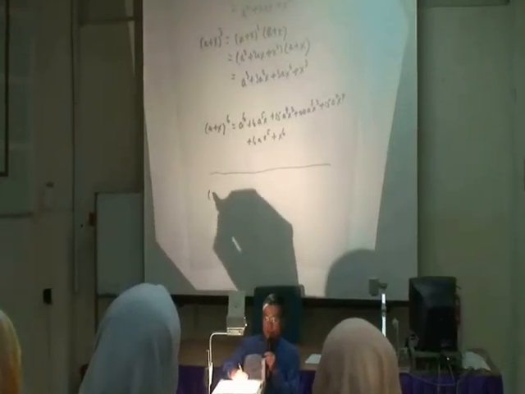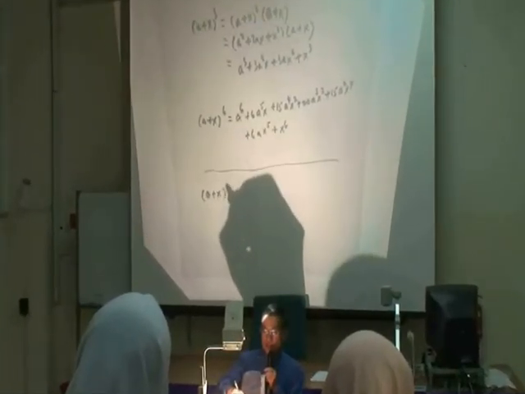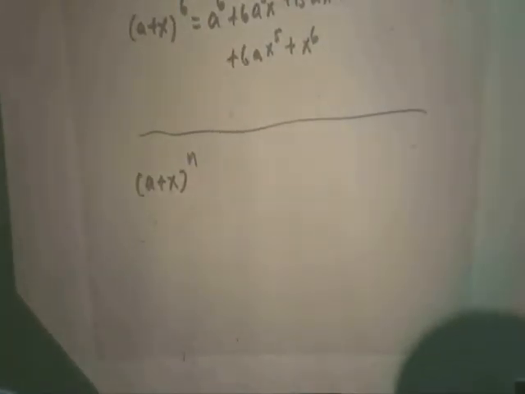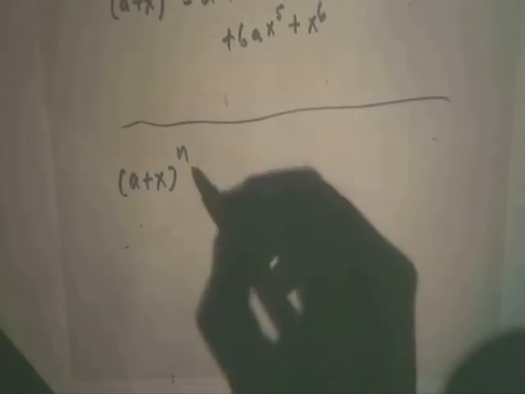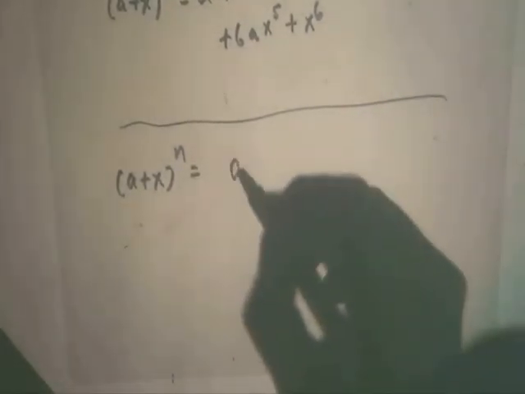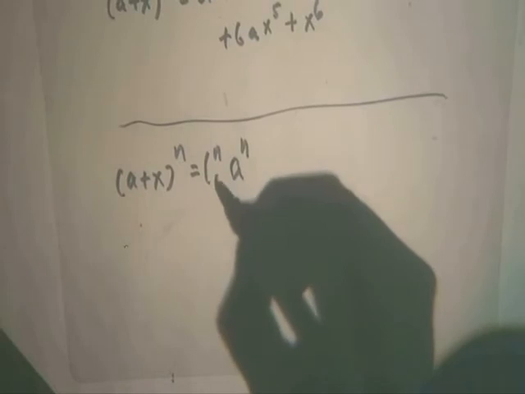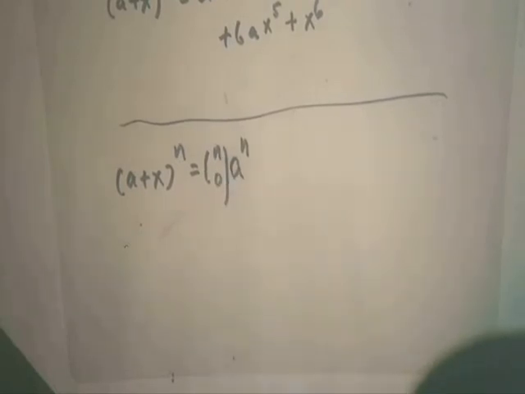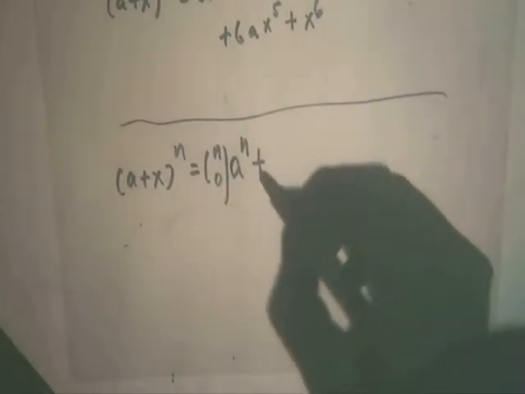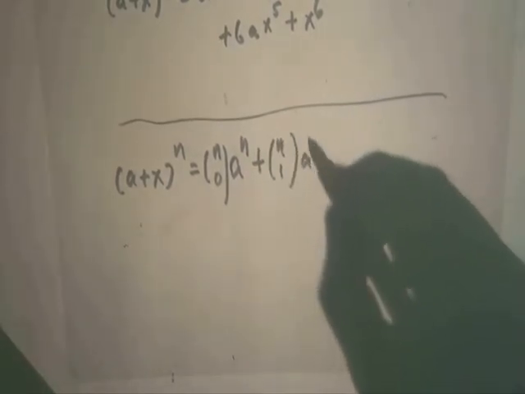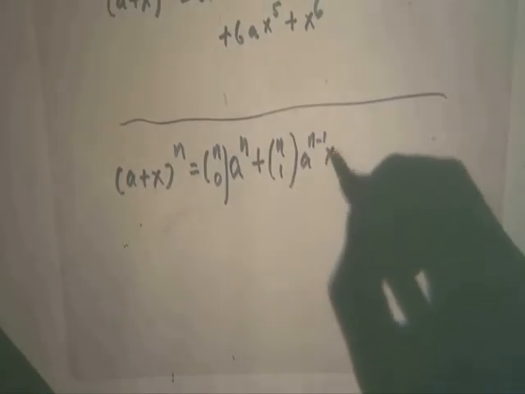Hence, in general, you have the expansion of a plus x to the power of n, where n is a positive integer. The first term is a to the power of n, and the coefficient is nC0, followed by the second term, nC1 a to the power n minus 1, x to the power 1.